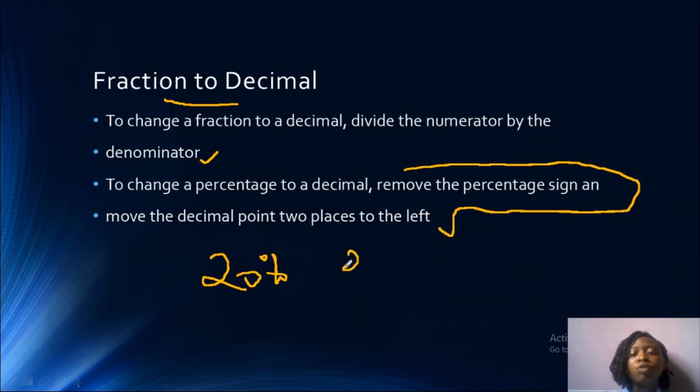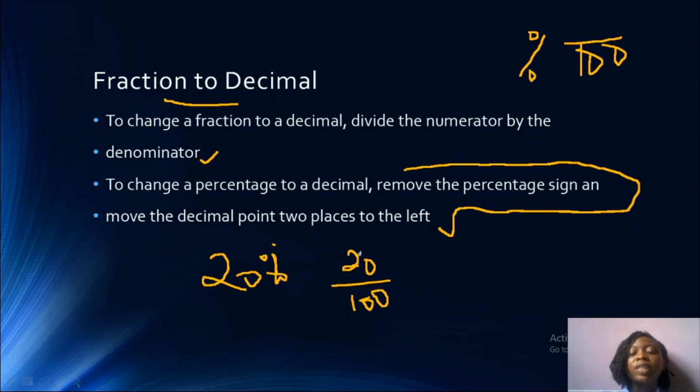So they said we should remove the percentage sign. This is the percentage sign. It has a stroke and then 2 zeros. This can be rewritten as 100 over 100. So they said we should replace this percentage sign with over 100.